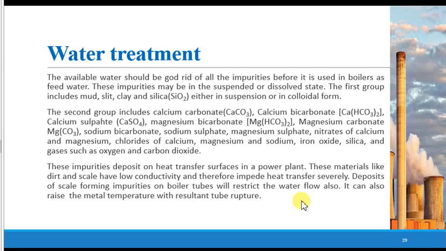They also make the surface through which the water flows narrow, and later it increases and it is quite difficult to remove it from the inside of the tubes. Therefore it is most important to not let these impurities enter the boiler.